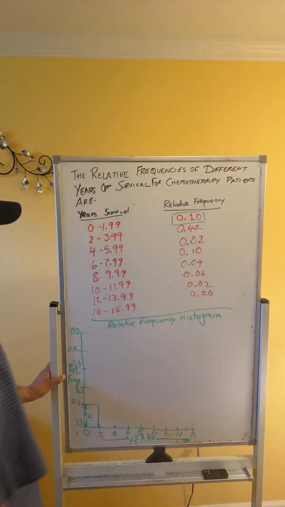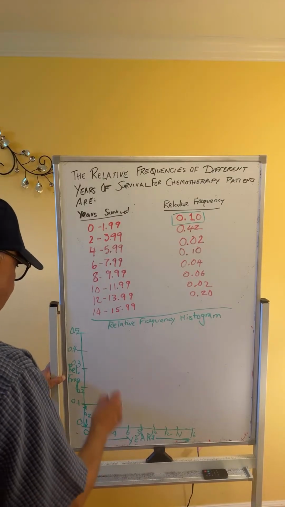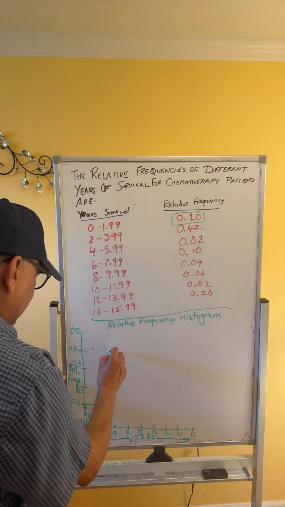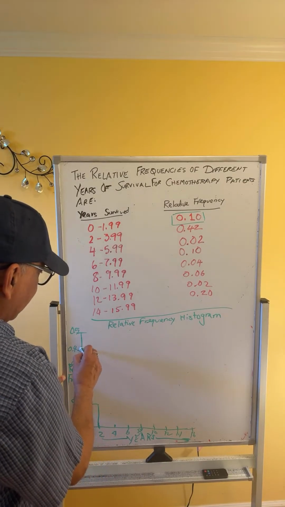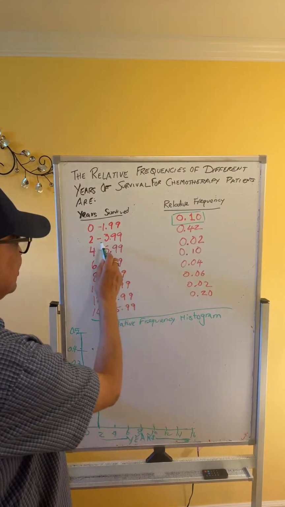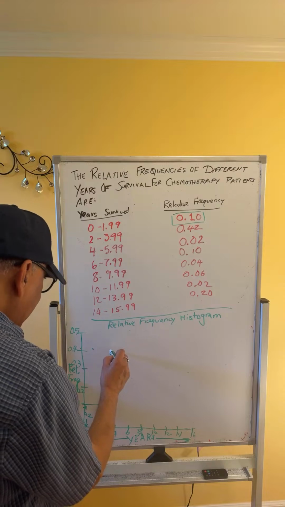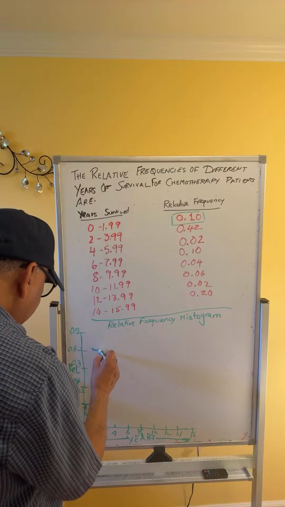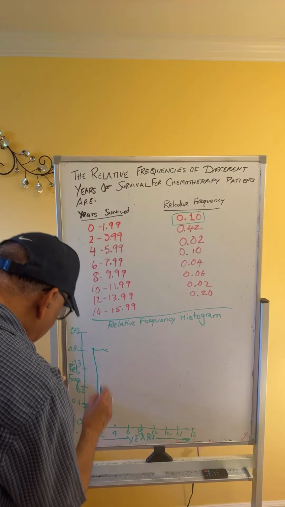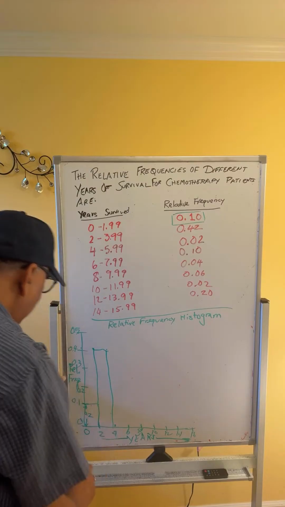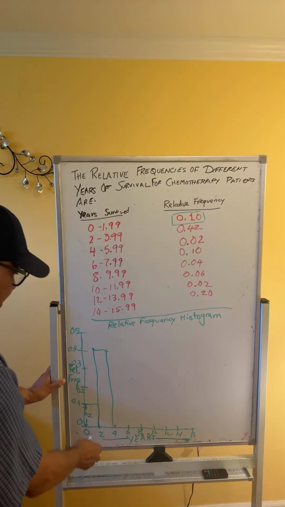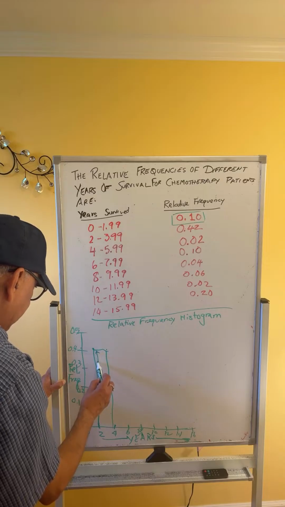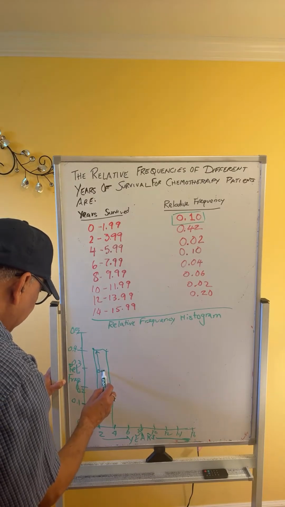The next one is the highest relative frequency, 0.42, so slightly more than 0.4. So I look at 0.42 on the vertical axis. The next class is between 2 and 4 years of survival. So I will draw the horizontal line at 0.42 and then make a vertical bar to indicate the relative frequency of the group of data between 2 and 4 years of survival. So the height of this bar, as you can imagine, is 0.42.